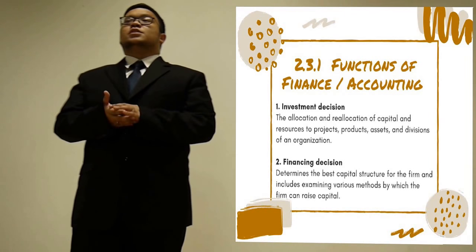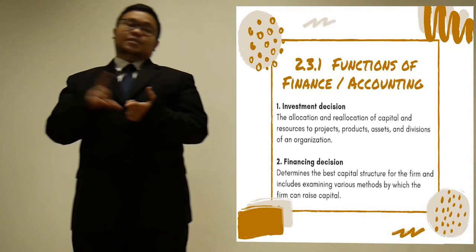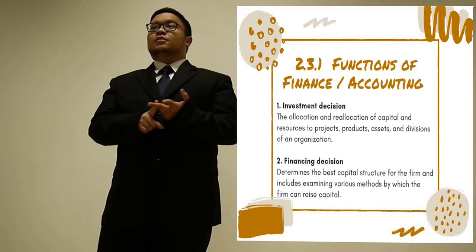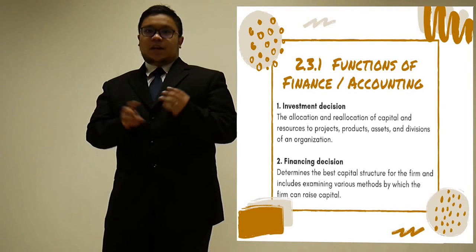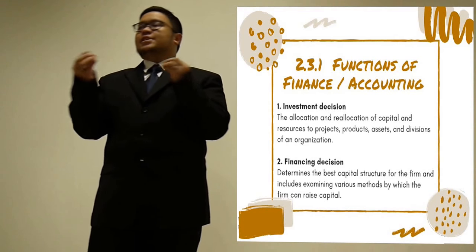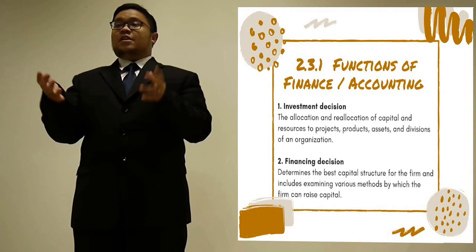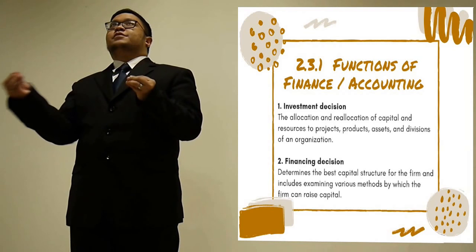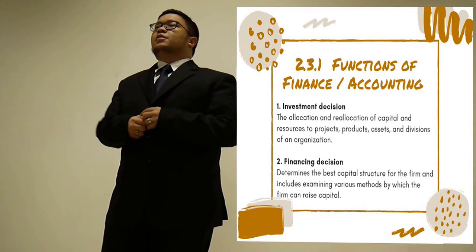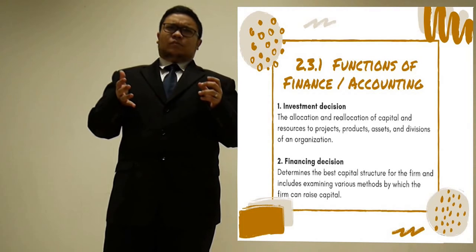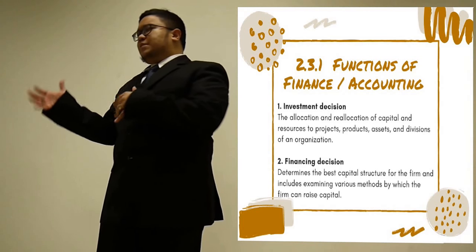The next one is the financing decision, which determines the best capital structure for the firm and includes examining various methods by which the firm can raise capital. This is more about the best capital structure.